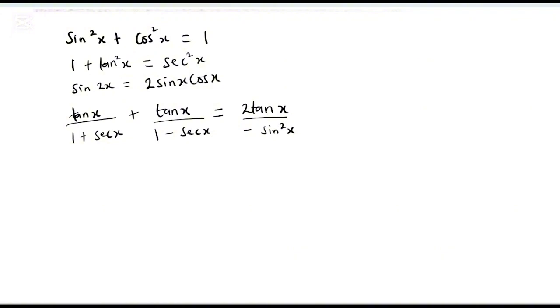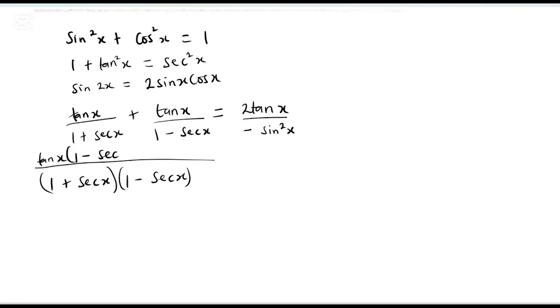So the next thing I'm going to do is take the LCM, and the LCM is 1 plus sec x multiplied by 1 minus sec x. Then we have tan x, open bracket 1 minus sec x, plus tan x, bracket 1 plus sec x.